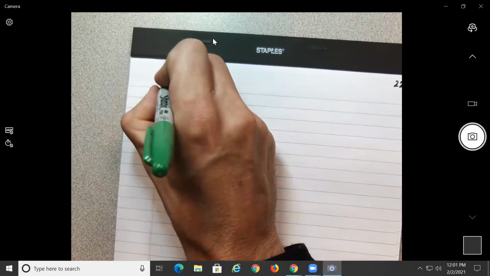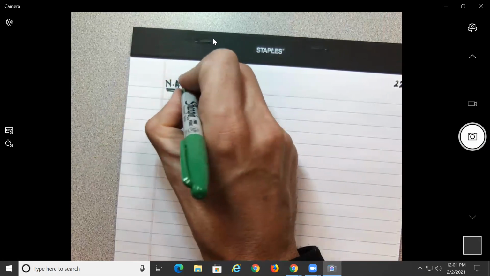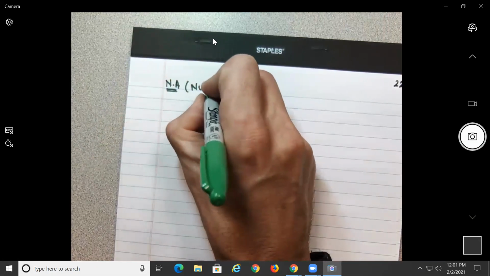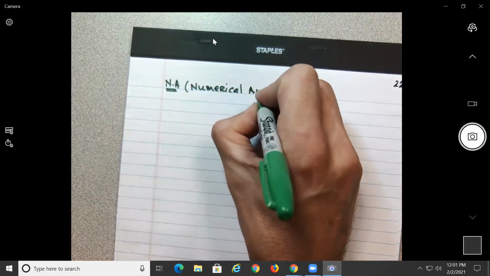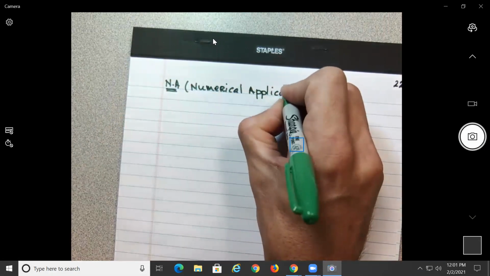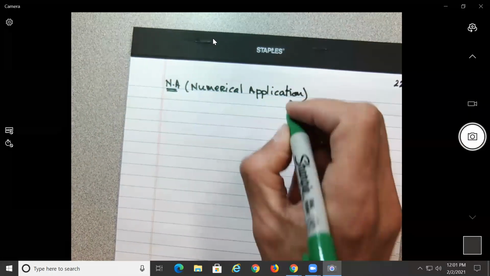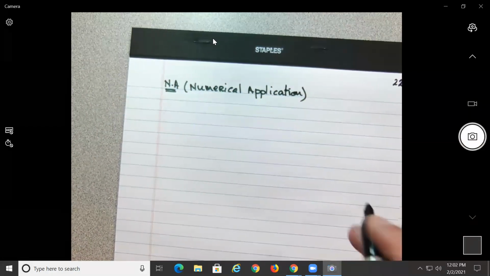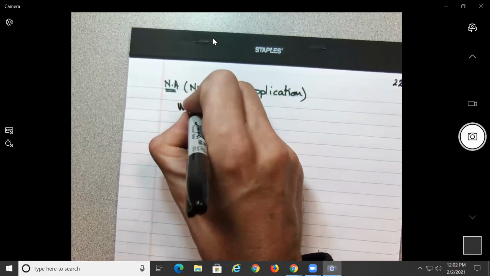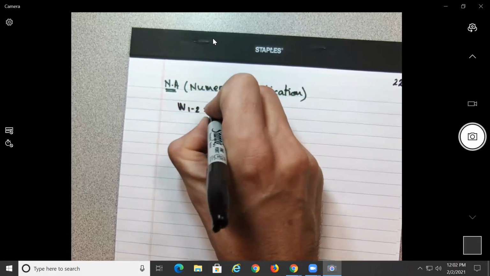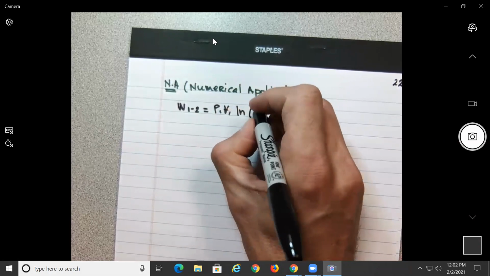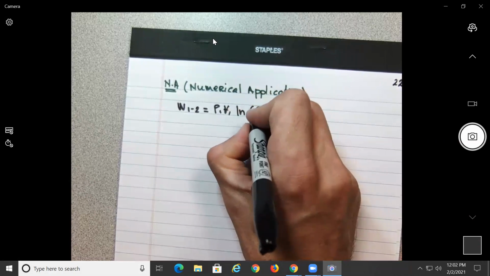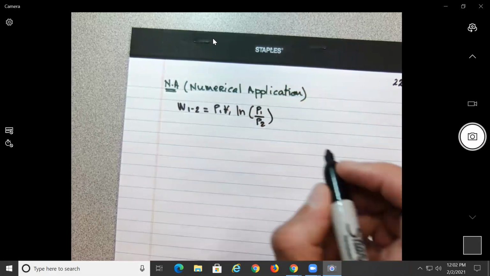So page 22, when I write NA on my notes, that stands for numerical application. Okay, so let's see, we have to write down work 1, 2 equal to P1 V1 log of P1 over P2.